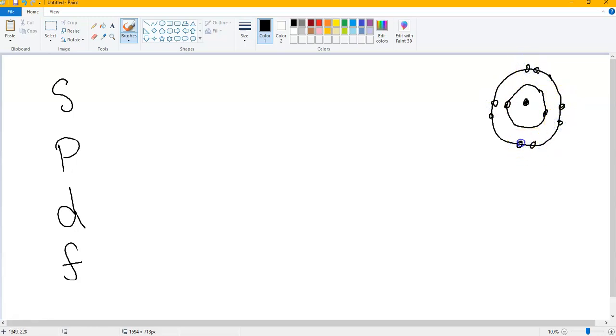But we know now, because of Schrodinger, that our electrons don't fall on lines like Bohr said they did, but instead they have spaces or places where they can be. And he called these different places s, p, d, and f.